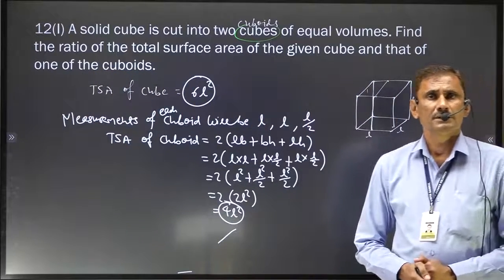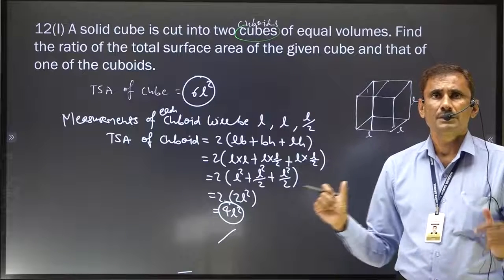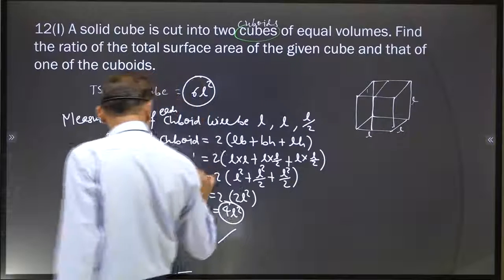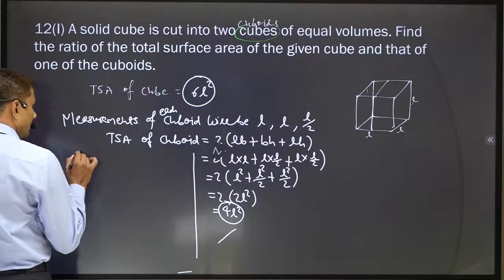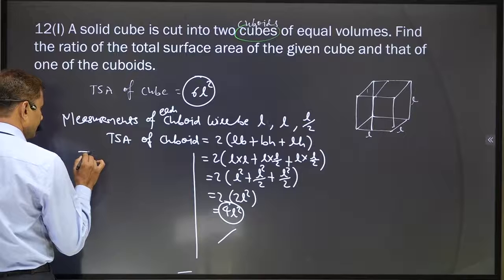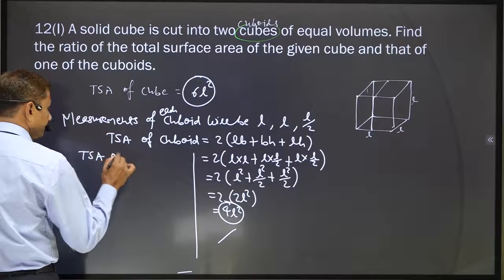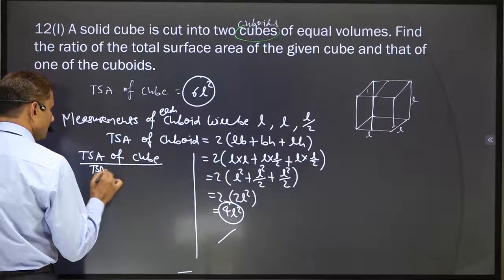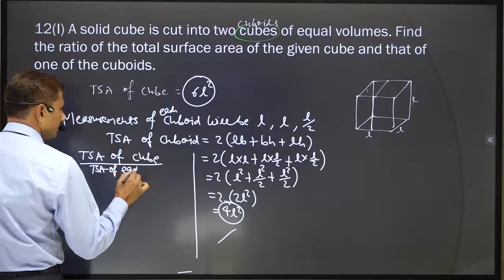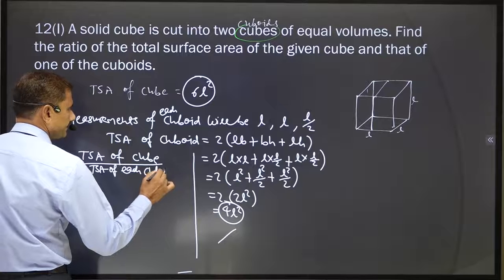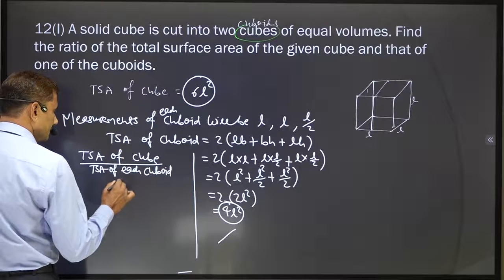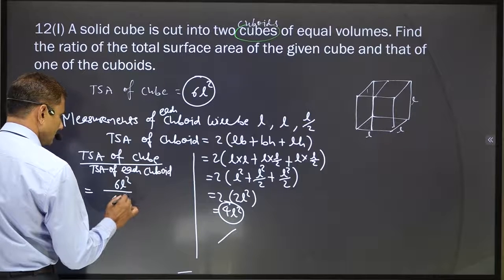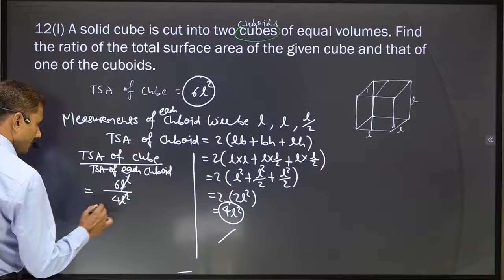They want the ratio of both areas. So we can write TSA of cube upon TSA of cuboid, taking one only. It is 6L square upon 4L square. L square cancels, and we get 3 by 2.